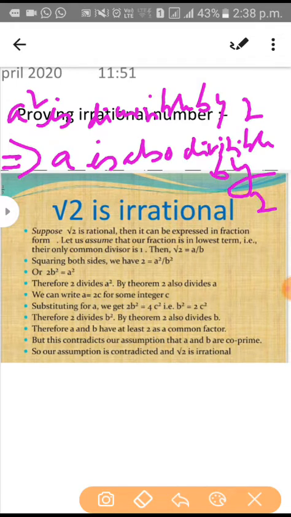Okay, so we can say that 2 is a factor of a.